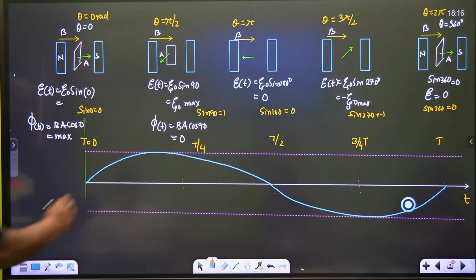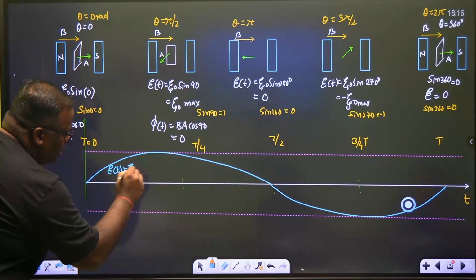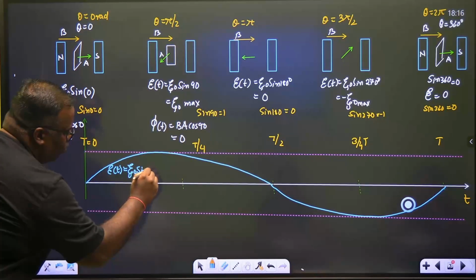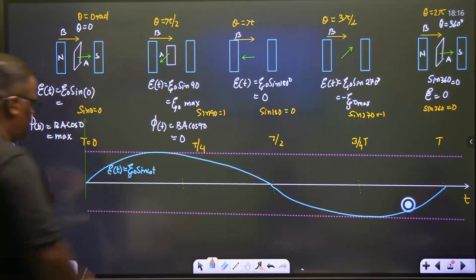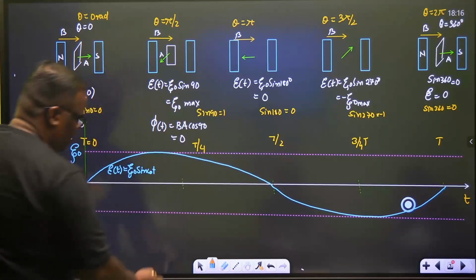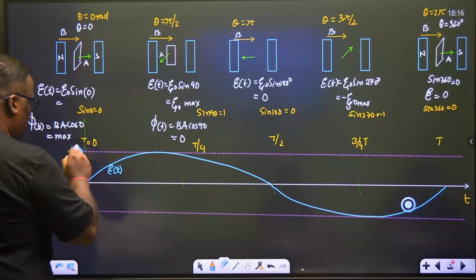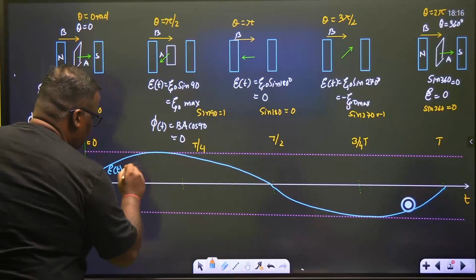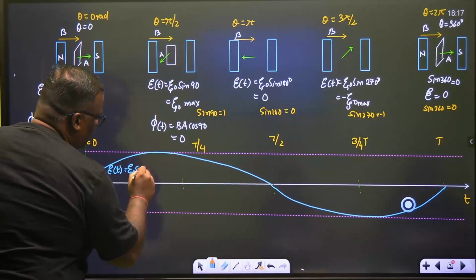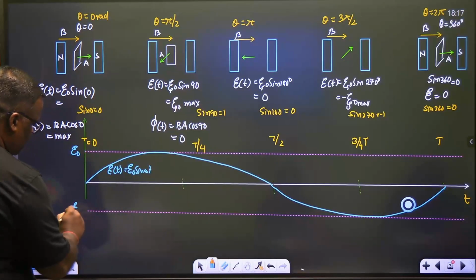And our curve is given by E at a time t is E0 sine omega t, which we'll be using in our next class. So this is E0 and this value is negative E0.